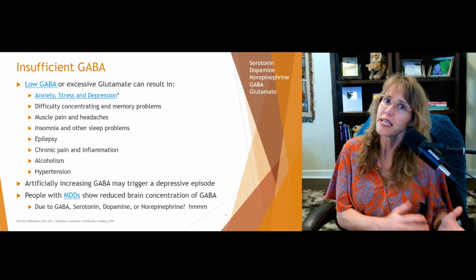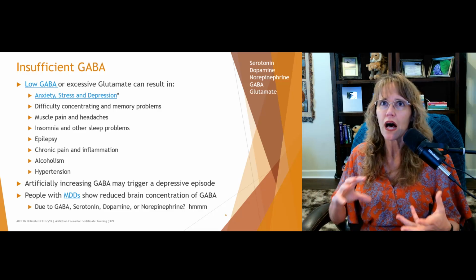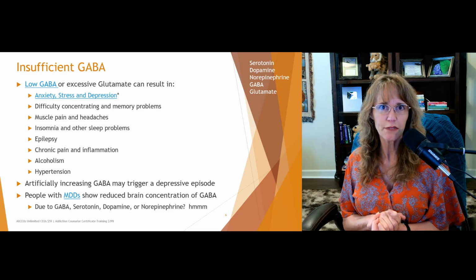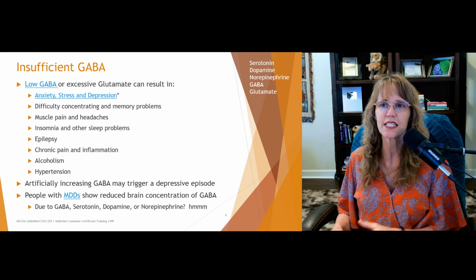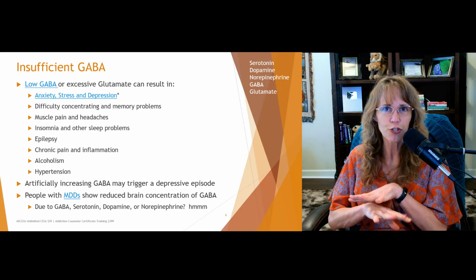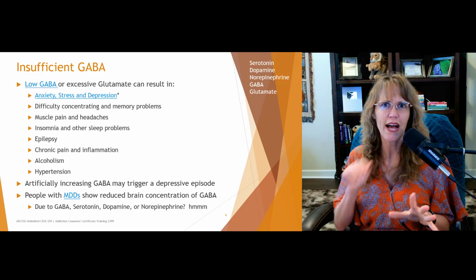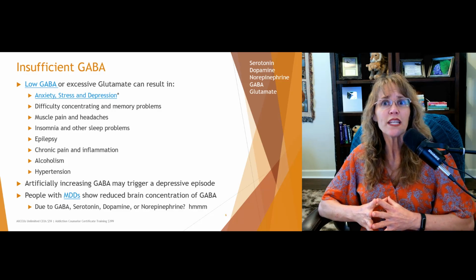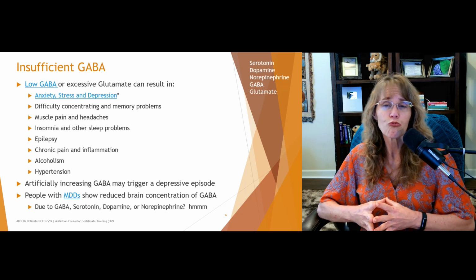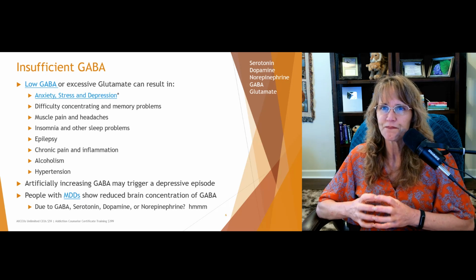And we see people with anxiety with depressive symptoms. A lot of times, by the time somebody comes to treatment, they've already started to develop glucocorticoid resistance and their neurotransmitters are out of whack. Their vagus nerve is really weak, and we need to start helping them re-regulate their nervous system.